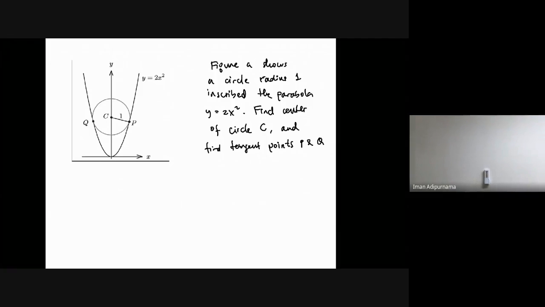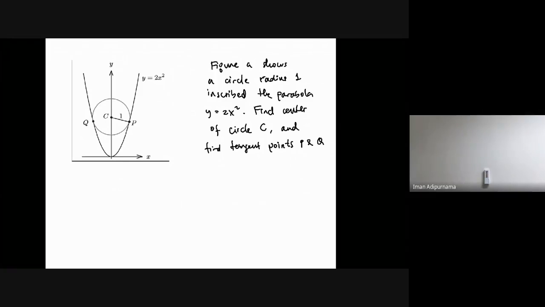Okay, the idea is first you have the parabola y equals x squared. And at this P and Q, imagine you have a tangent line there. So find the tangent here. And this PC and QC, you can get just by the distance equation, because the distance is 1, right?